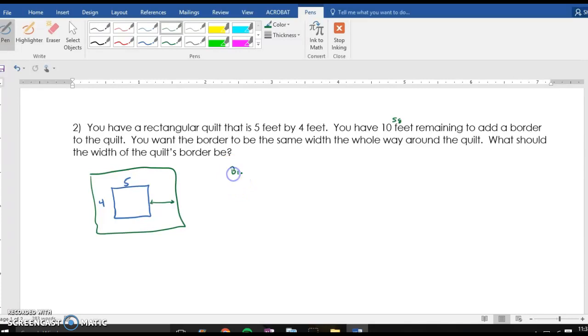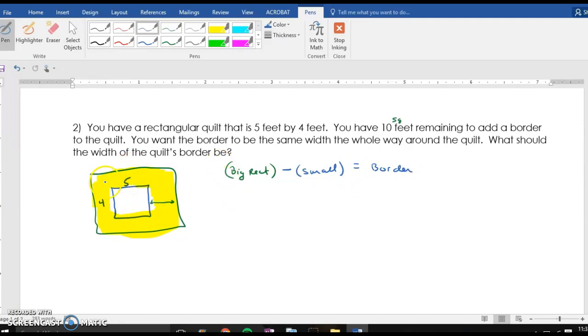So the big rectangle is the green one. Now, to get this area here, if I wanted to say this is the border, this yellow area, the area of that is the big rectangle minus the small rectangle. And that'll leave me with the yellow part I shaded in. So minus the small rectangle, or the original one, should equal how many square feet I have for the border.